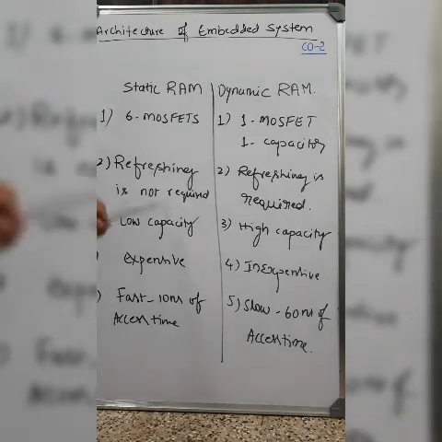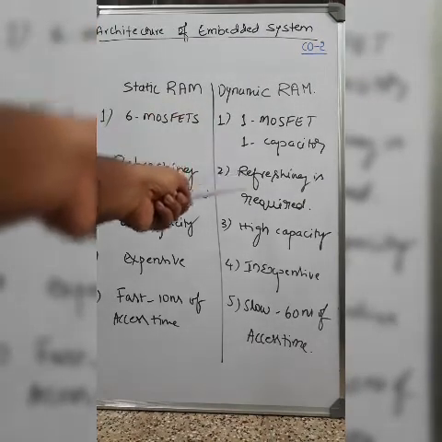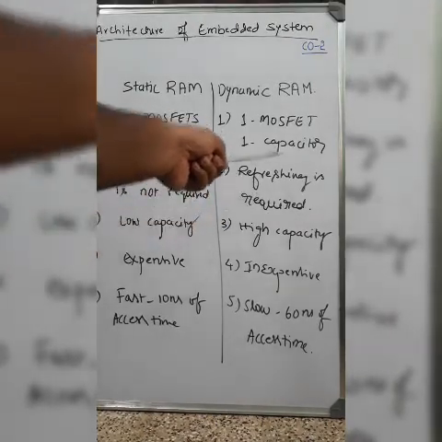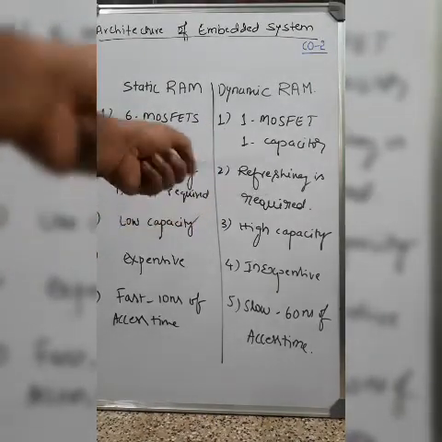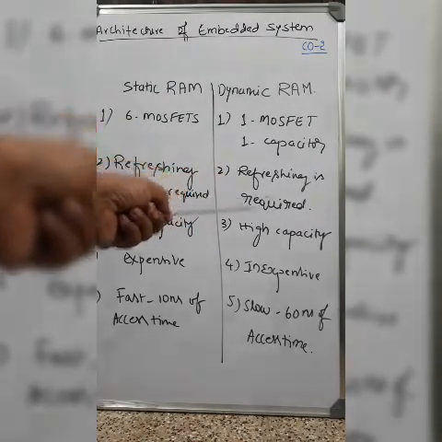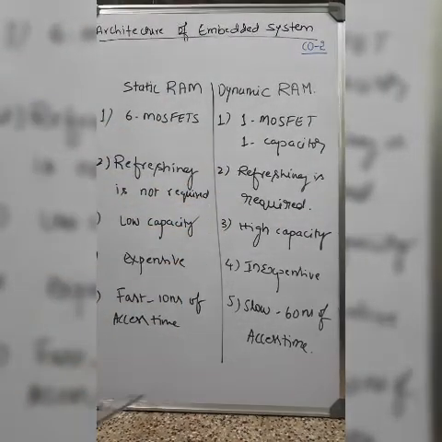Refreshing is not required in static RAM because we have already discussed that voltage is the information stored in the static RAM, and voltage will not be lost quickly, so you need not refresh it frequently. Whereas in the dynamic RAM you need to refresh it continuously because the capacitor keeps losing the charge and you need to recharge it or refresh the information that is stored in the form of charges.